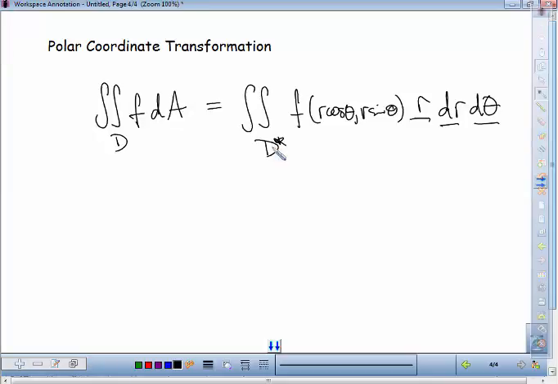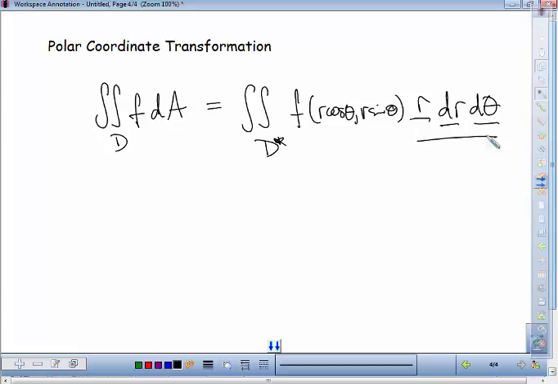Okay? I know this sounds funny, but always remember r dr d theta. I can't put another r there because then it would be wrong. So just r dr d theta.